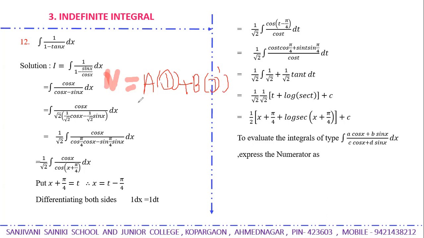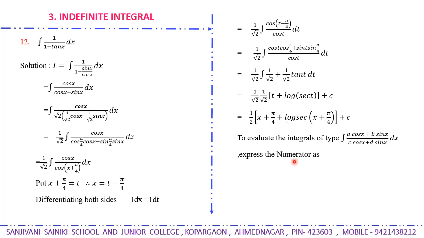If you write the numerator in this form, it is very simple to evaluate the integral. This is the standard integral. Now look at this: a cos x plus b sin x upon c cos x plus d sin x dx.